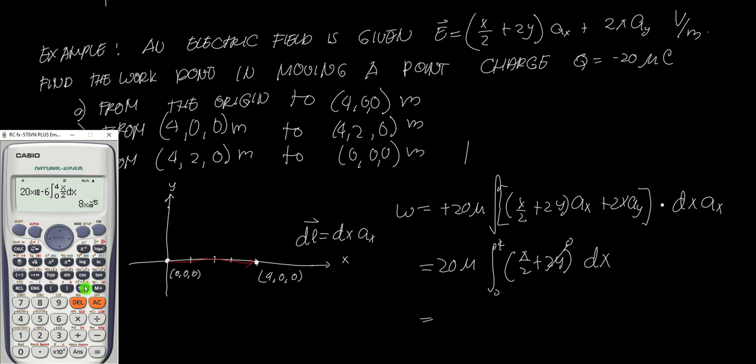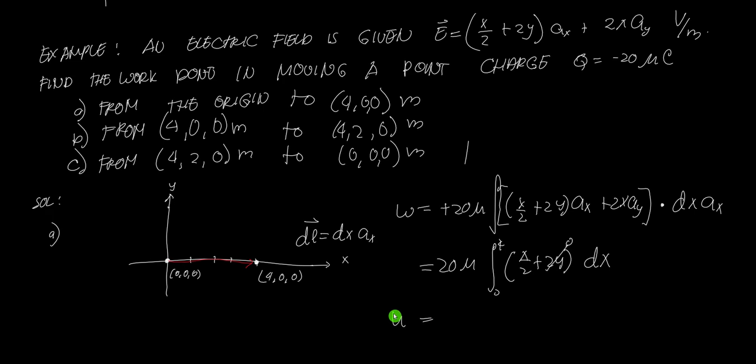Press equals, and this will be equal to 8 times 10 to the negative 5, or we can rewrite that. We can make it 80 so that this will be negative 6 or micro. So W now will be equal to 80 microjoules. So the energy that we need to move that from the origin to 400 is just 80 microjoules.